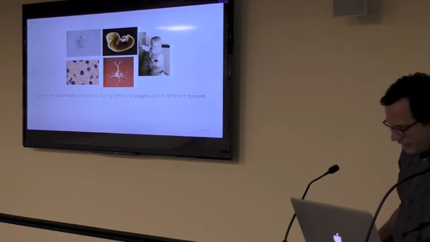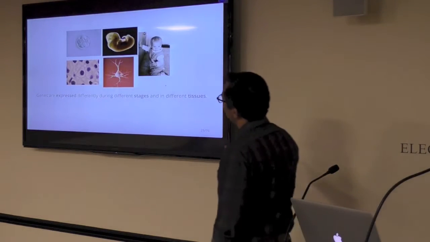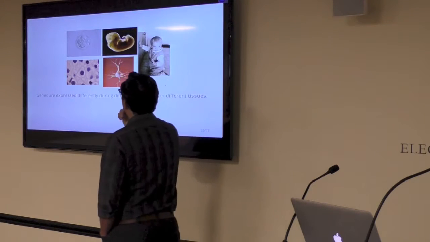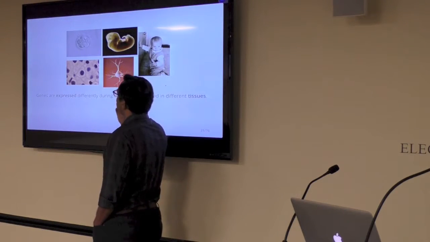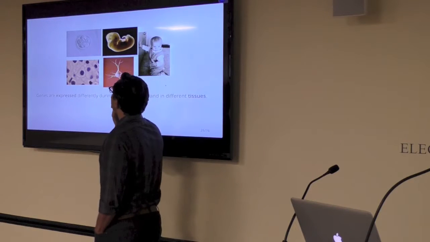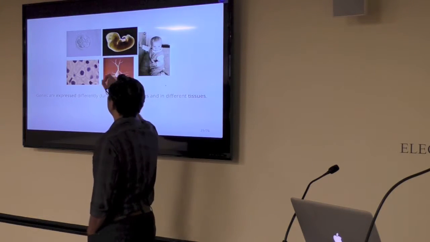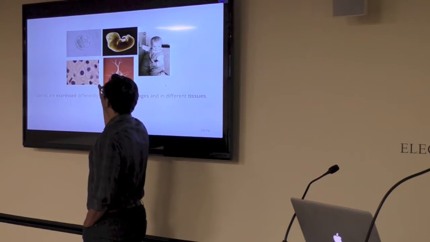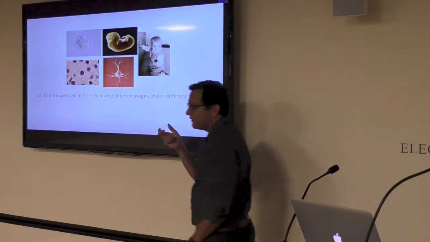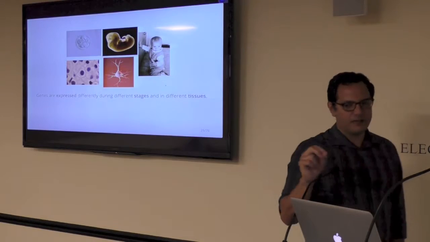So if we think again to this question of what makes these cells different, we think it's the same mechanisms that change during development to determine differences between cell types that break down in a stochastic manner in cancer.